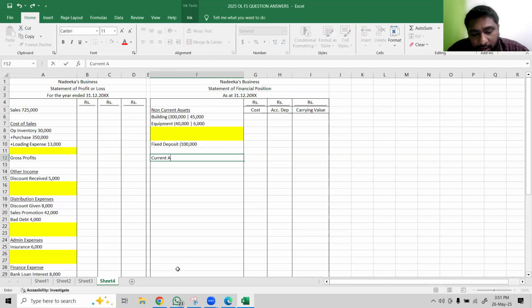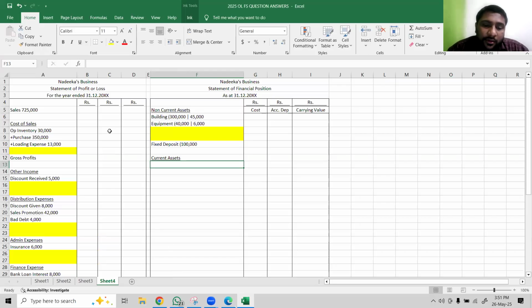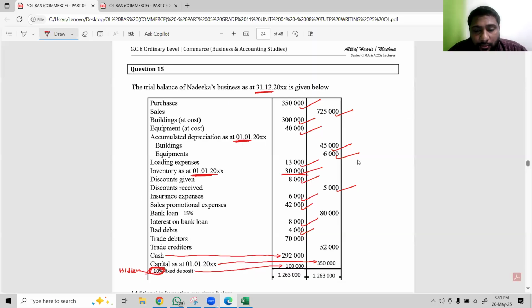Then we can go for the current assets. In current assets, the first seat is always reserved for the closing stock. We have debtors, 70,000.